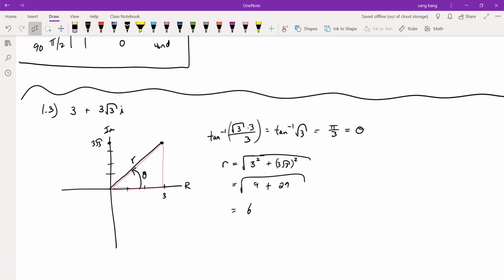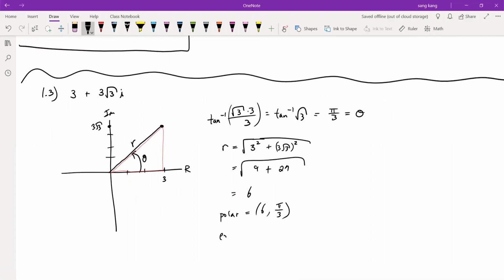So in polar, this is 6 comma pi over 3. And as the exponential, this is 6 e, so r, e to the i theta, so 6 e to the i pi over 3, right?